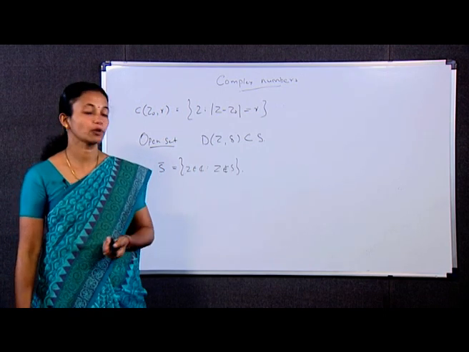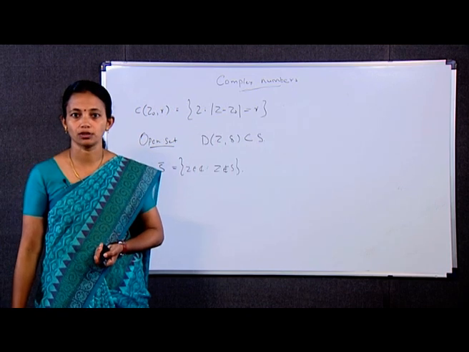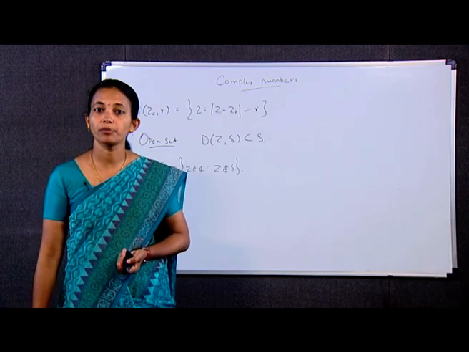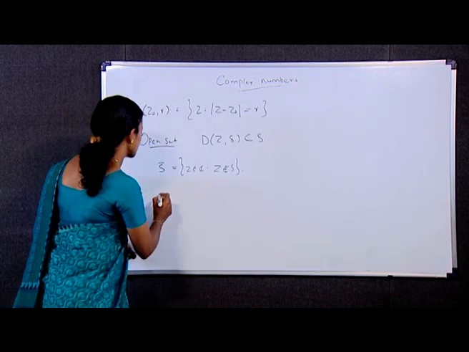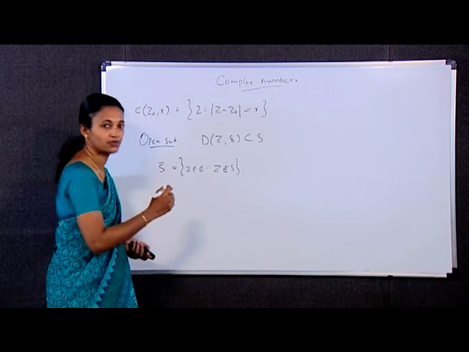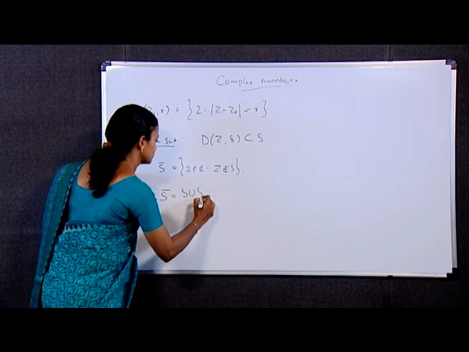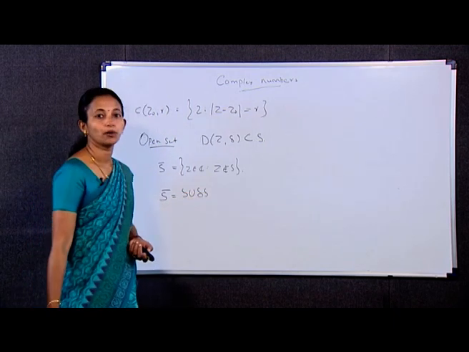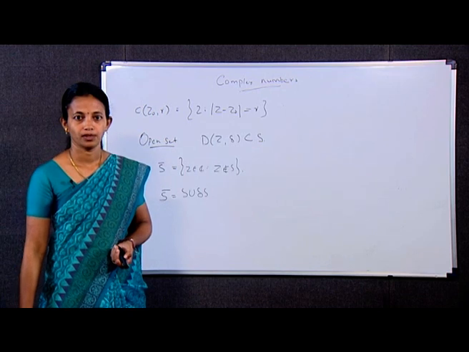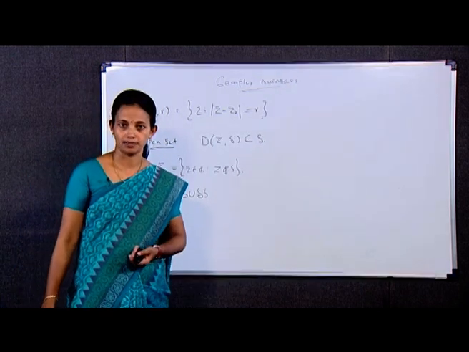Next we discuss the closure of a set. The closure of S, S closure, is given by S union ∂S, where ∂S is the boundary of the set. Next we have bounded set.